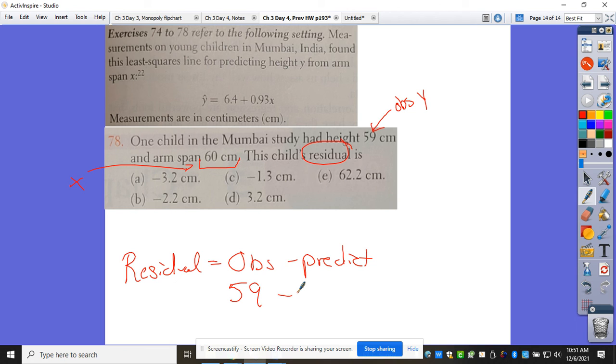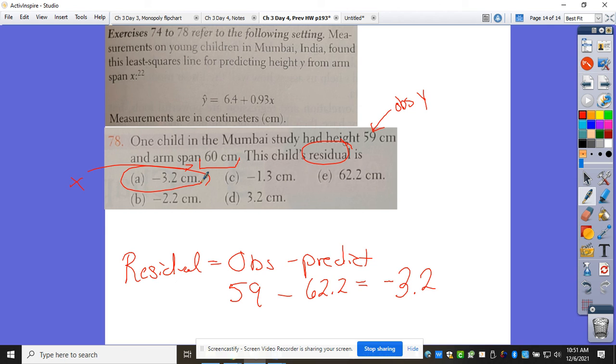So we're plugging our x into that equation, which gives us what? 62.2. And then I just subtract and get what? And why are you subtracting? Oh, because it's observed minus predicted. And is it bad to have a negative residual? No, that just means we overestimate.